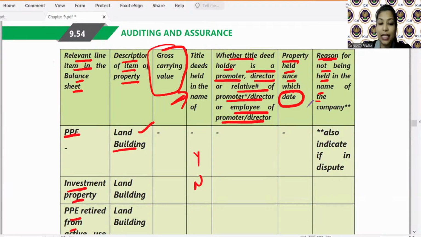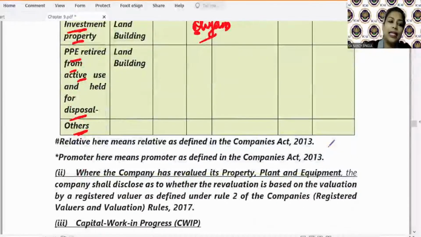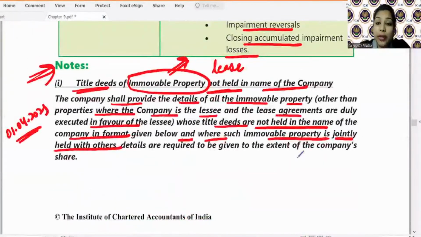Title deeds held in the name of, see यहाँ पे it will be mentioned like Mr. Ram or Mr. Sham, किसके name में it is held, and that person, whether that is a director, promoter, relative of promoter director, employee of promoter director, है ना? Since which date and what is the reason? Is there any dispute? है ना? And here the relative will be as defined in Companies Act, promoter will be as defined in the Companies Act 2013.